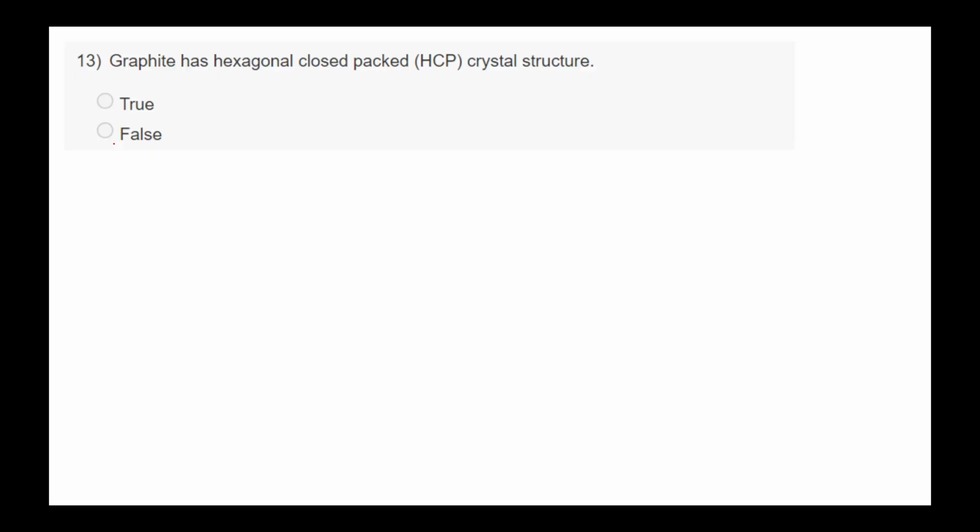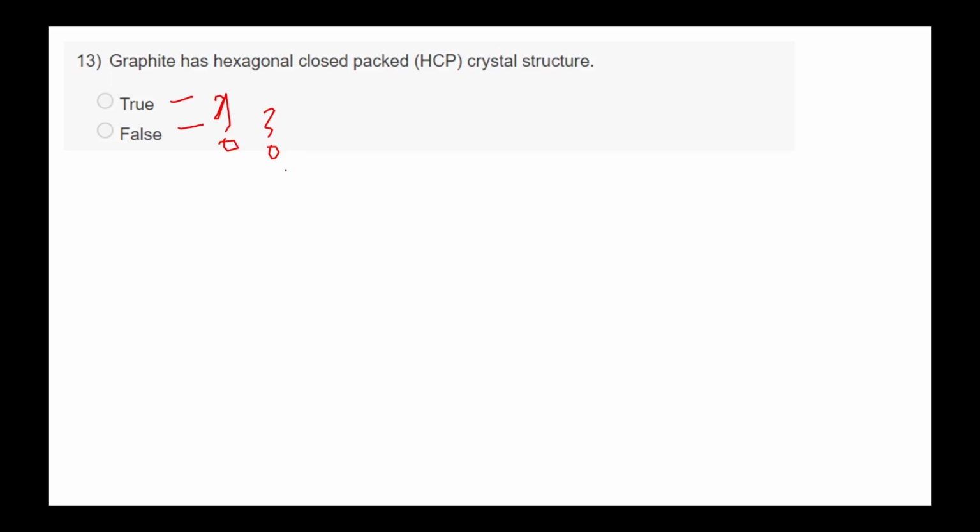Now again the next question came. Graphite has a hexagonal close-packed crystal structure. I have told you a lot about crystal structure. Is it true or false? I have explained this in a few slides, specifically.